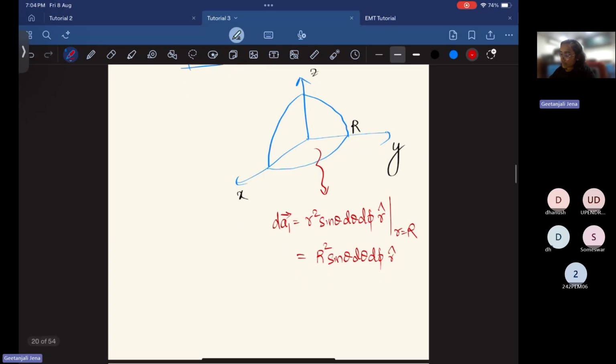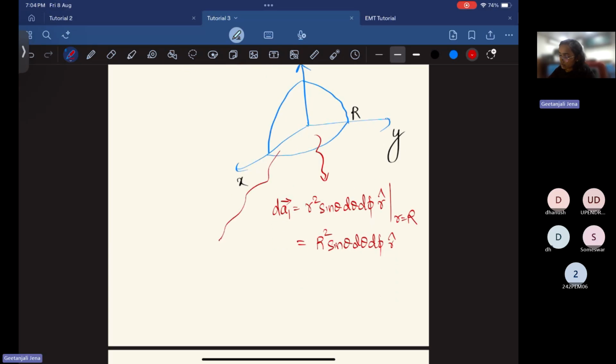What is the other surface we have? The bottom one, the bottom plane one. If you see this surface, here phi is changing from 0 to pi by 2, r is changing, and theta is constant.